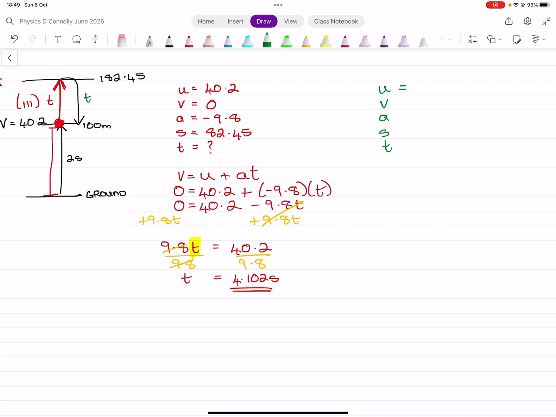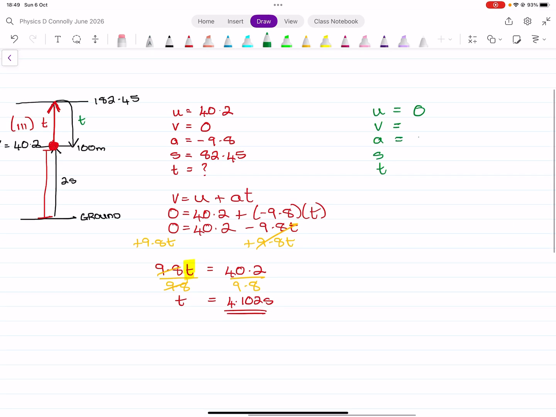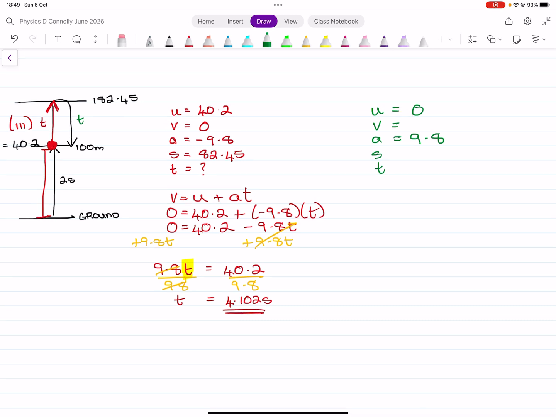The initial velocity is 0 at the top. The final velocity we don't know. Hopefully that's not a problem. The acceleration is 9.8 because it's falling down now. The distance is still 82.45 and the time is still what we want to know. So can I do that?